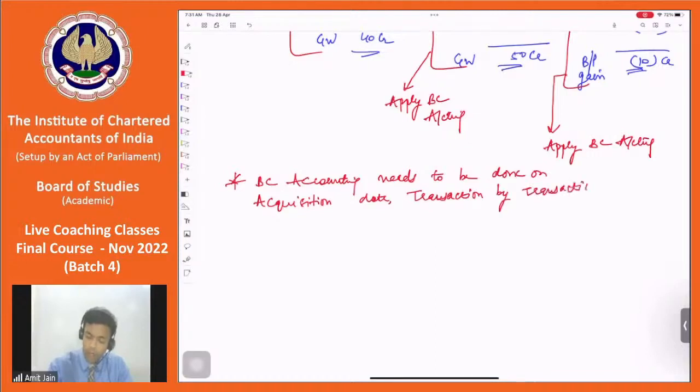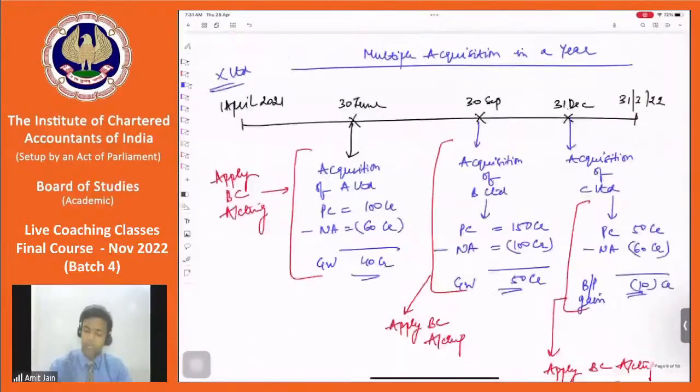Right? It will not be a case that for entire business combination which has been done in 1 year, I am doing the accounting as on 31st March 22. That will not be a case. The accounting of this needs to be done on this date. Are we clear, Mr. Manglam?